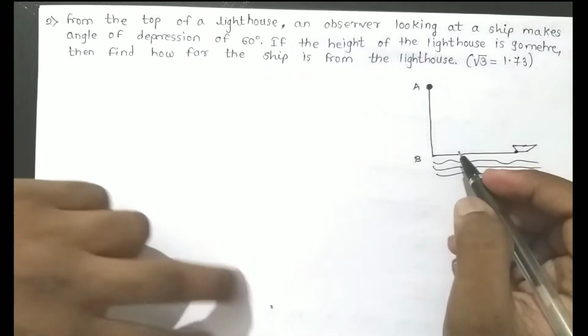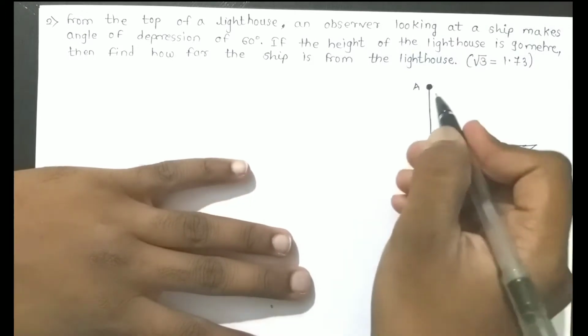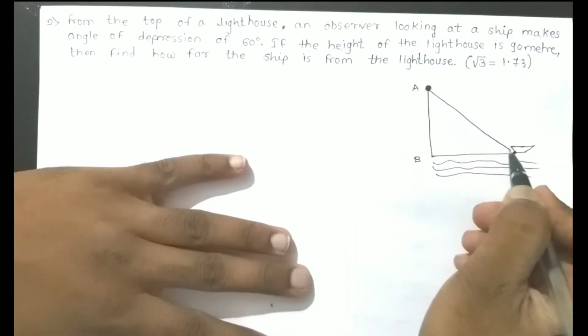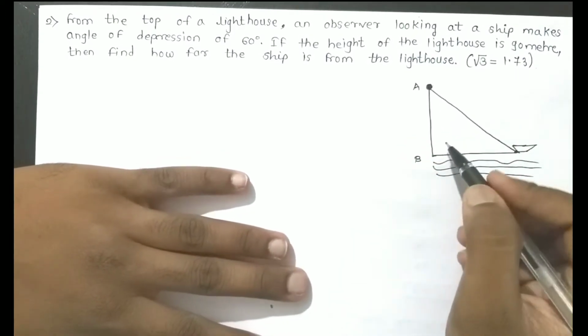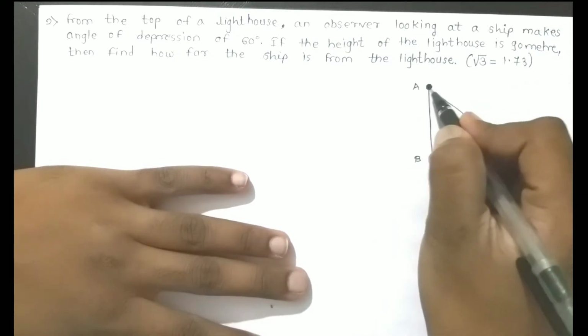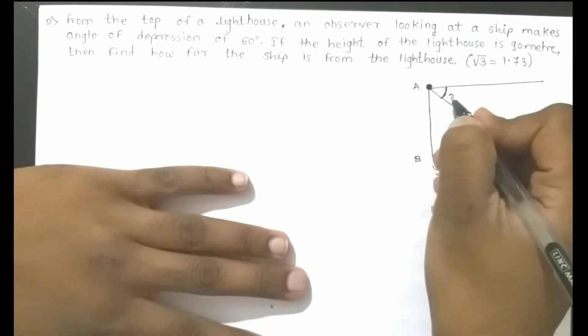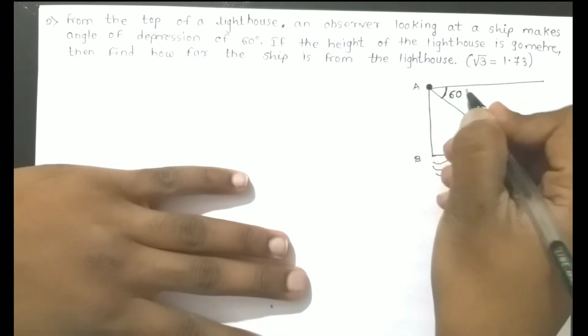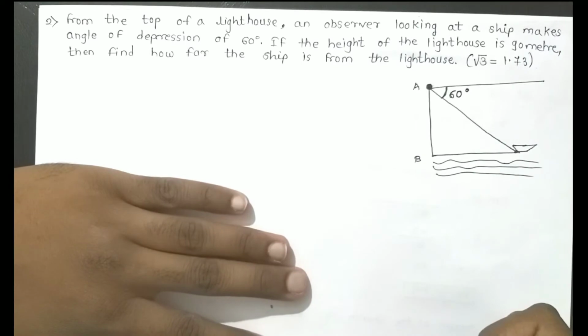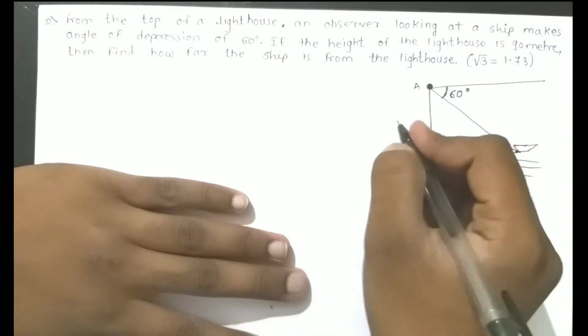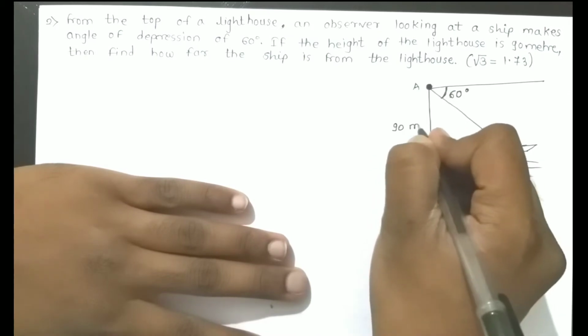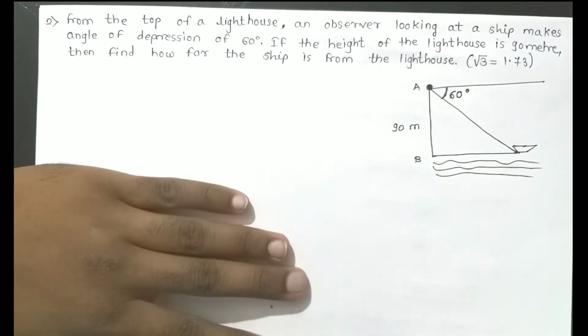When the observer looks at the ship, we get the angle of depression, but the angle of depression or elevation is always with the horizontal line. So the angle of depression is 60 degree. The height of the lighthouse is 90 meter.